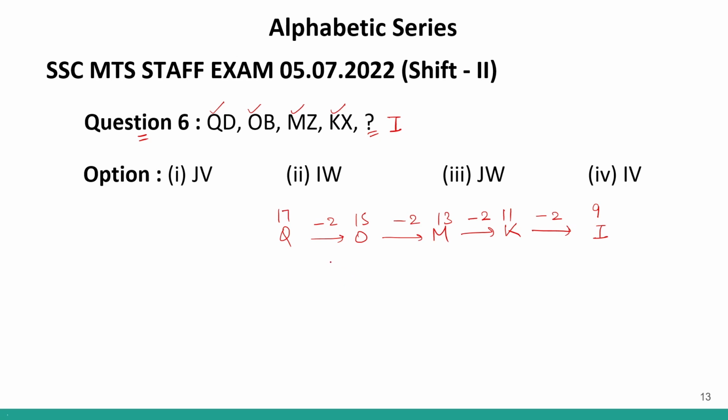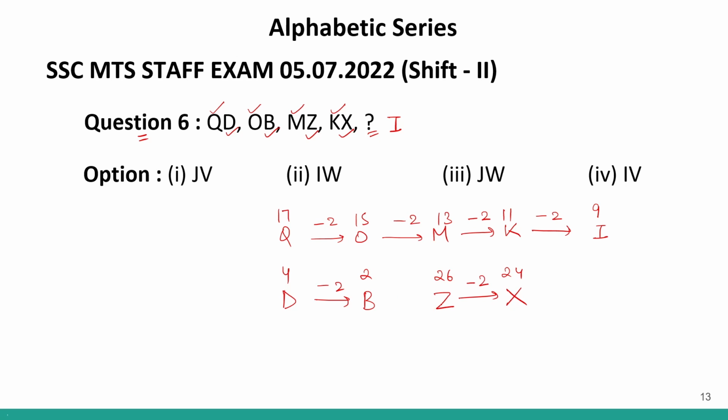Clear? Moving on to the next letter, which is D, B, Z and X. D is 4, B is 2, Z is 26 and X is 24. So this is also minus 2. From 4 to 2 is minus 2, and from Z to X, 26 to 24, is minus 2.